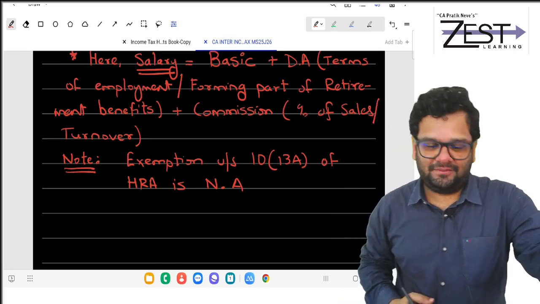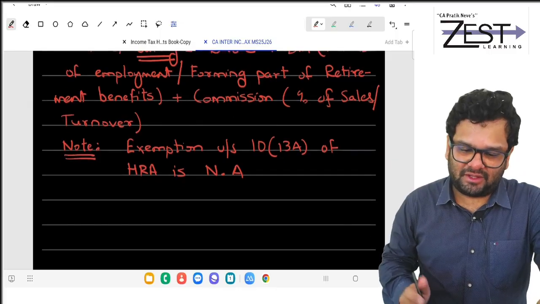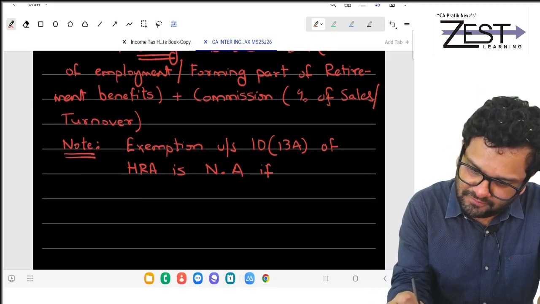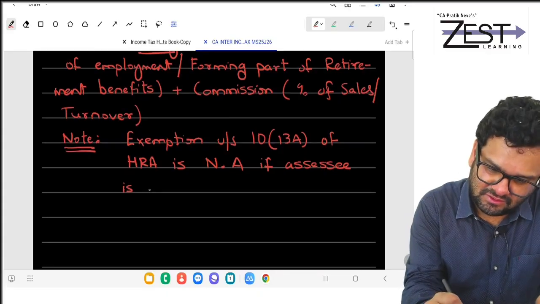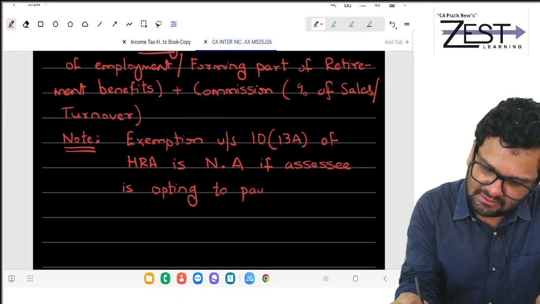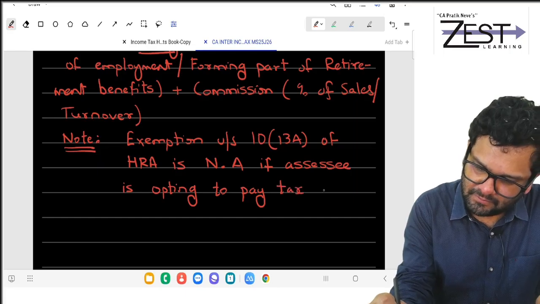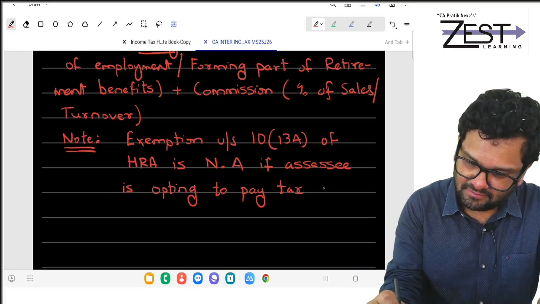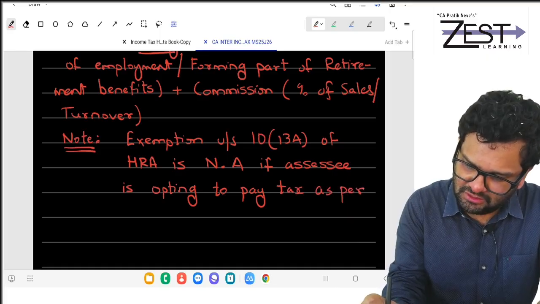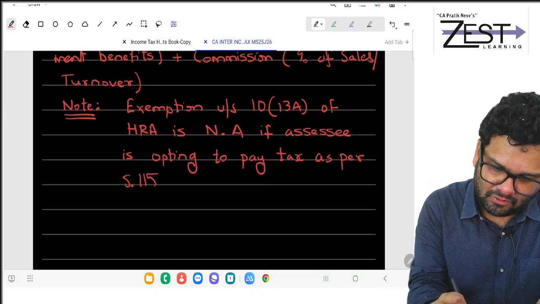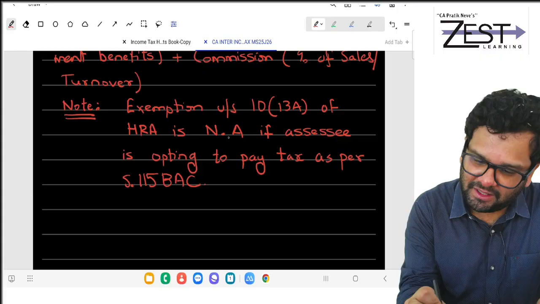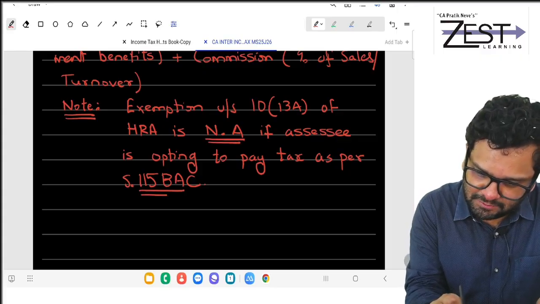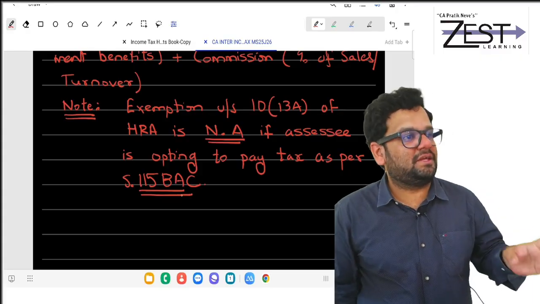So when is it not available? Exemption under 10(13A) of HRA is not applicable if the assessee is paying tax as per section 115BAC.